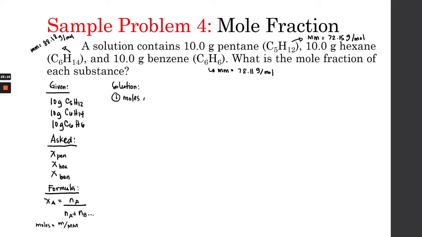Let's first find the moles of each substance. So the moles of pentane is equal to the mass of pentane, which is 10 grams, divided by 72.15 grams per mole, and that is equal to 0.1386 moles.